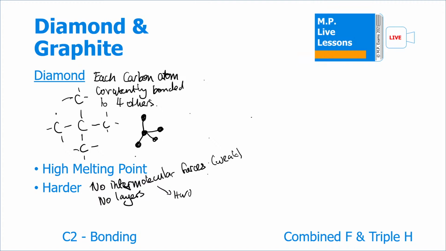Therefore, they're harder to slide. Another point you need to know is that they can't conduct electricity. So this is because there's nothing that moves, because they're all covalently bonded together. So there's no delocalized electrons because each one is shared with another atom.